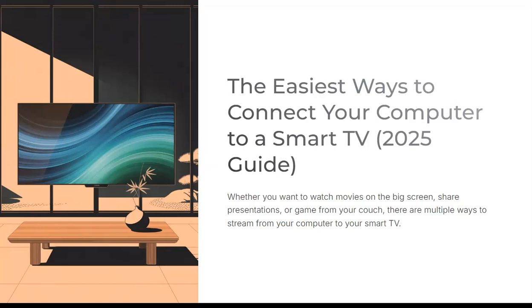In this we're going to cover some of the easiest ways to connect your computer to a smart TV. This is in 2025. Now a lot of my videos cover how to use VPNs to access geoblocked content, things like BBC iPlayer, watching NBC, ABC, DStv, the South African channel, and lots of others from anywhere in the world. Now you use a VPN to do this, but usually it's easier to do it on a computer.